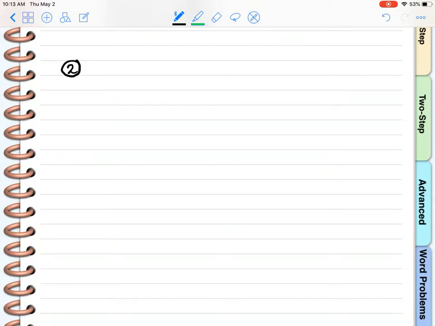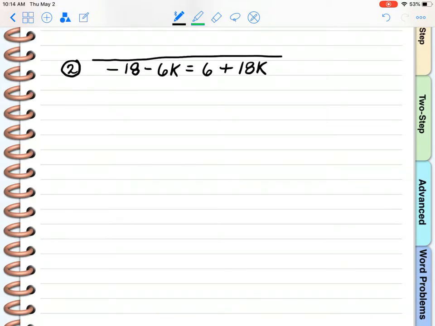The first part of that, I'm having trouble reading my printout. Looks like a negative 18 minus 6k equals 6 plus 18k. My print had faded a little bit and I couldn't quite read that.